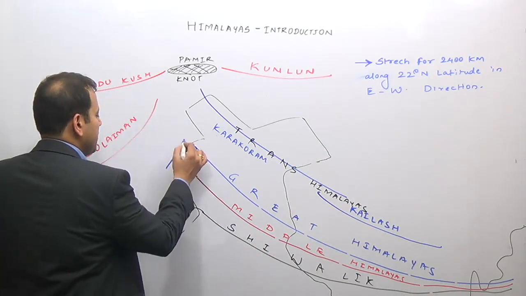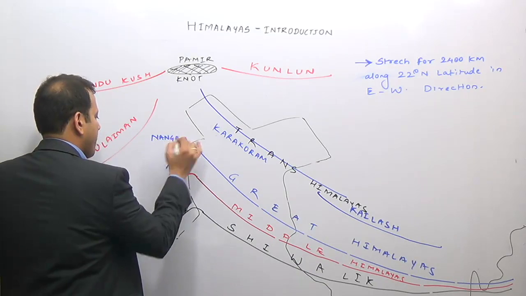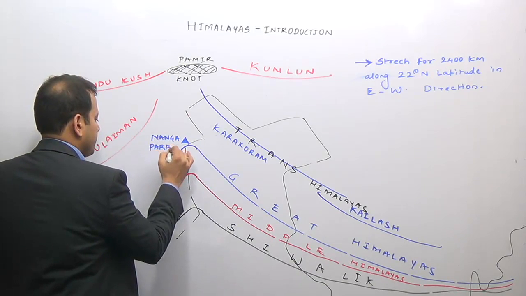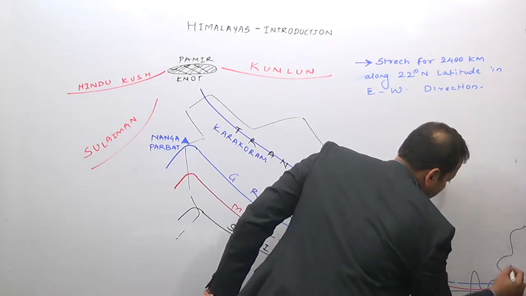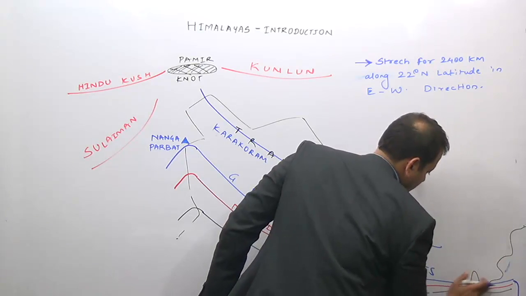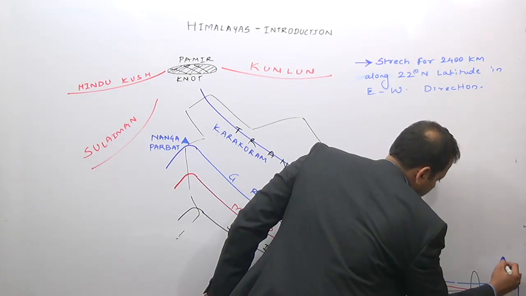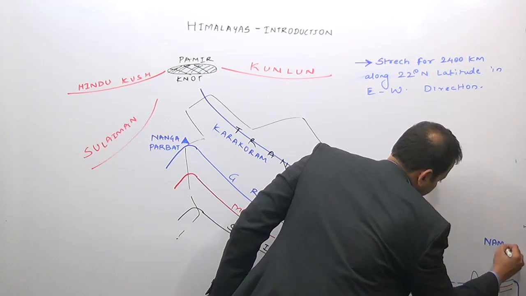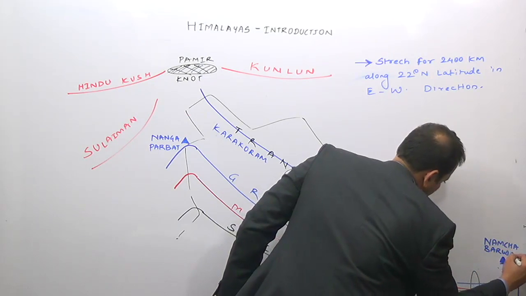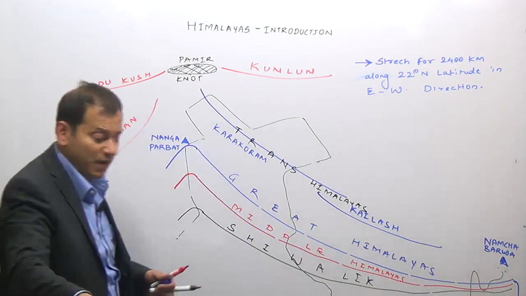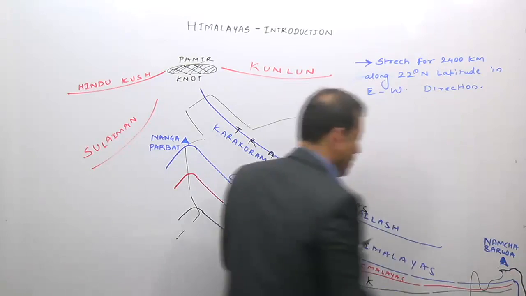This sudden hairpin bend is represented by Nanga Parbat in the western part, and in the eastern part by Namcha Barwa, near the Arunachal and China border.